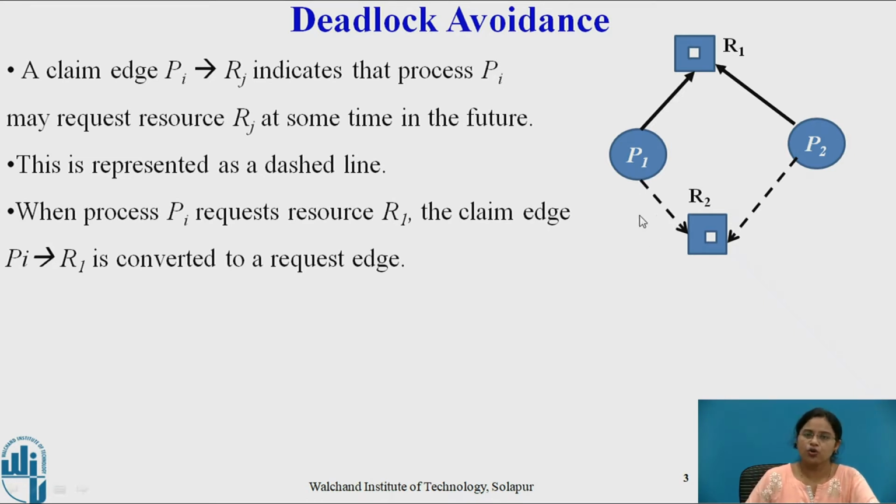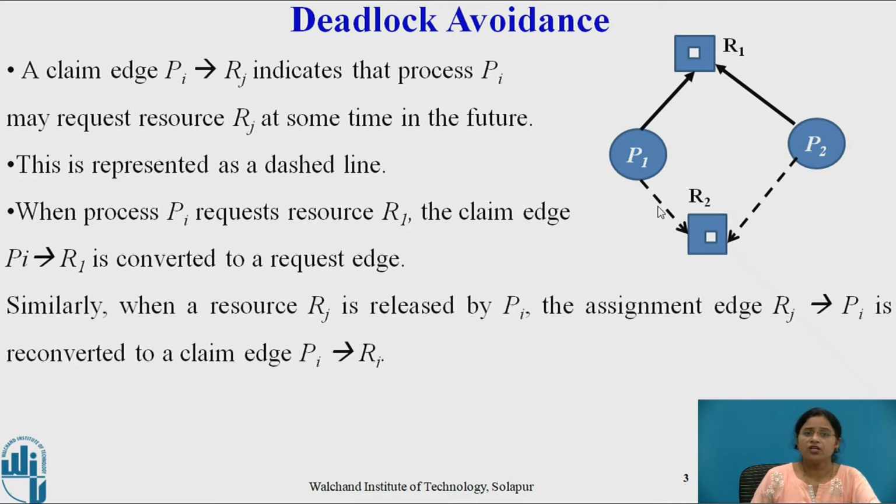So, here process P1 is requesting resource R2. When it requests, P1 to R2 is converted into a request edge. When resource Rj is released by process Pi, then the assignment edge Rj to Pi is reconverted to the claim edge Pi to Rj.